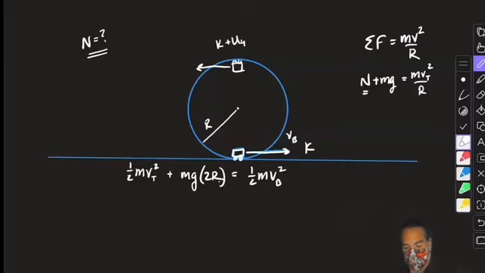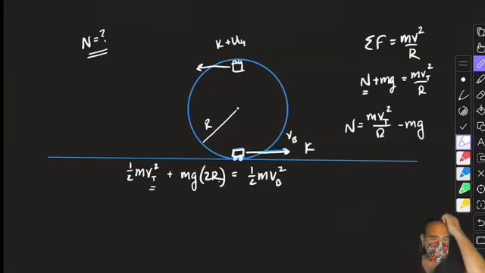Now, once you have this, you can get an expression for the velocity at the top. You can get a number. Cancel out the m's, do what you have to do. But when you get that number, recognize that the normal force should be small. It should be smaller than your weight, unless you're going really, really fast.